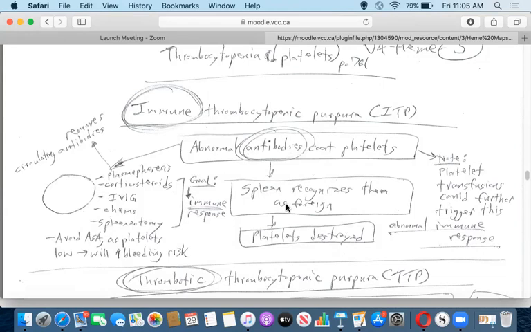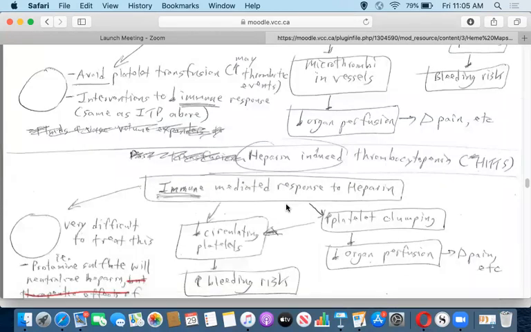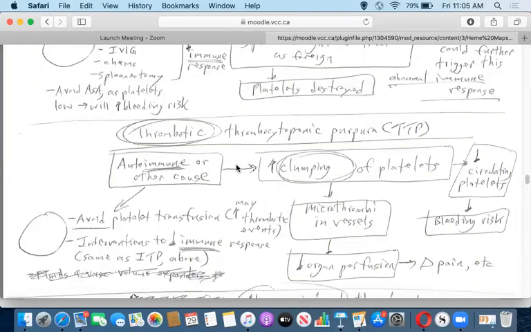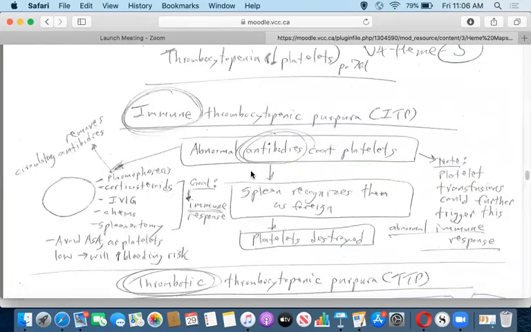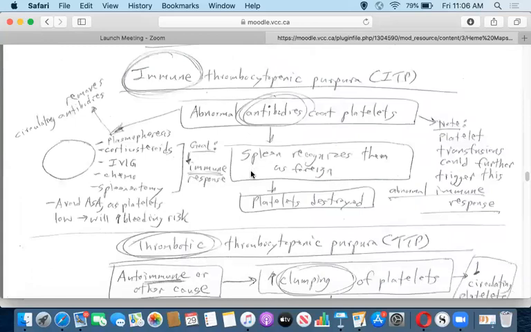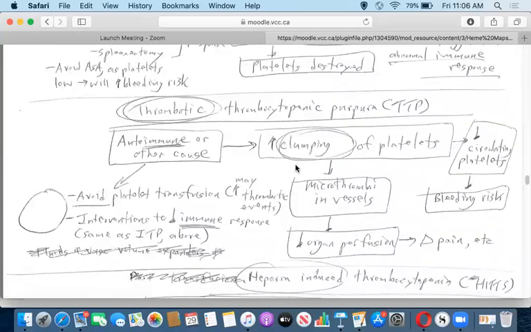Thrombotic thrombocytopenic purpura is the second one. In this case, again, it's an autoimmune disease, but not only is it causing a decrease in platelets like this one, it's also causing platelets to clump up and create emboli.